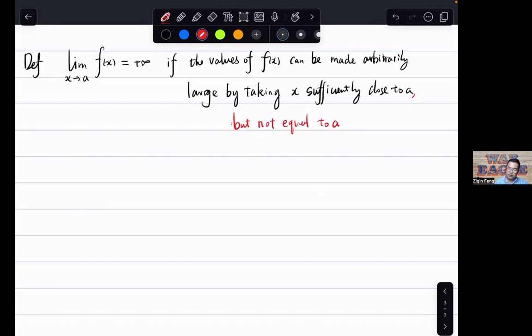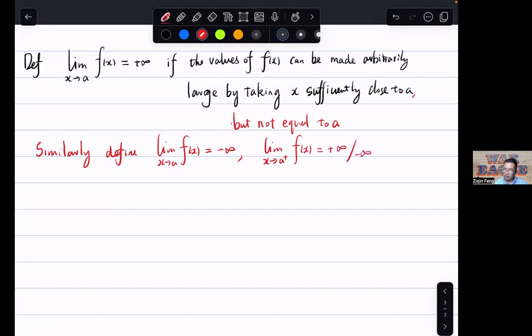right? And very similarly, you can define other definitions. For example, as x goes to a, f of x is negative infinity, or as x goes to a on the right side, f of x goes to positive infinity or negative infinity, right?